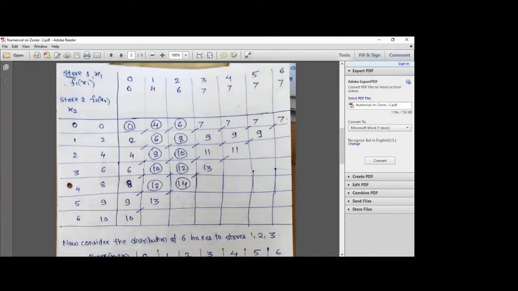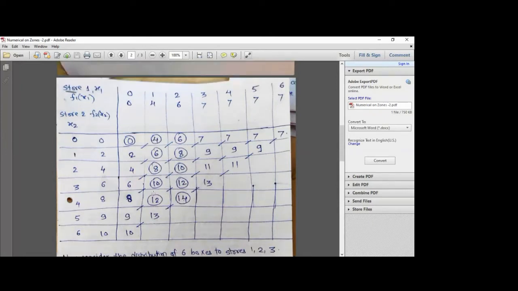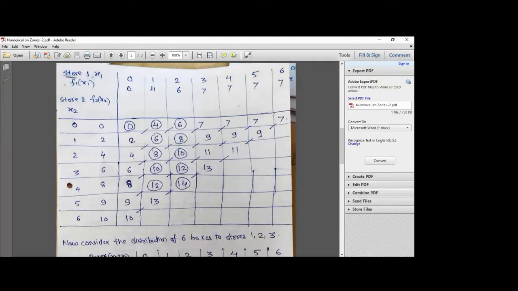Similarly, lastly, if I have to consider 6 crates to be distributed amongst store 1 and store 2, it will be 0 plus 6, 1 plus 5, 2 plus 4, 3 plus 3, 4 plus 2, 5 plus 1, and 6 plus 0, right?